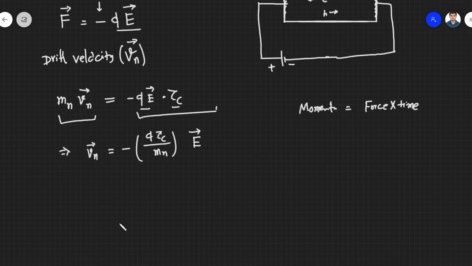That term we define as the mobility of the carrier, in this case the mobility of electron. So we write it as minus mu n times E, where mu n is Q tau c over Mn, right? So it's called mobility.